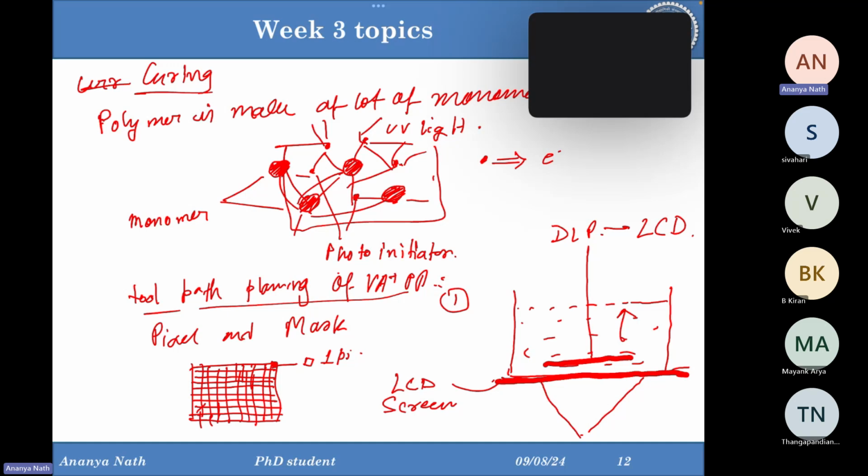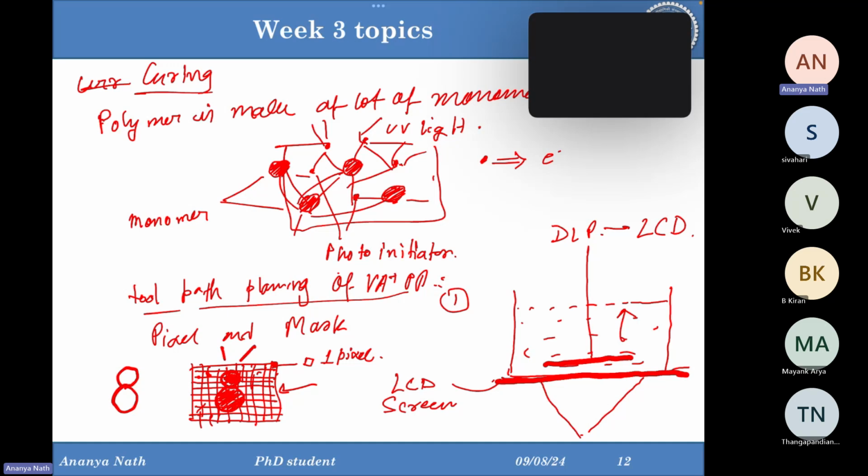Now if I want to make a geometry like this, so this is the geometry. From the bottommost part of the LCD, the UV light is coming, and in this part the liquid resin is present. The pixels present in this part of the object will get activated, and from that part only the UV light will reach the substrate where the liquid resin is present.